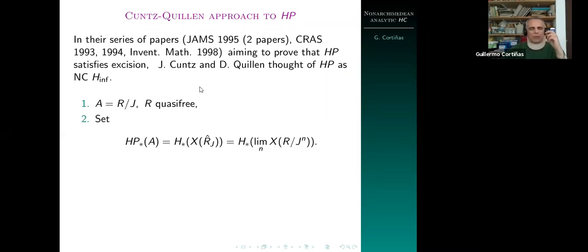And then what you do, you complete R with respect to the J-adic topology and apply the X complex to that and take homology. And this amounts to the same as applying the X complex to the pro-algebra of R mod all the powers of J and take the limit. So this is formally analogous to the first construction I mentioned before of H-inf.